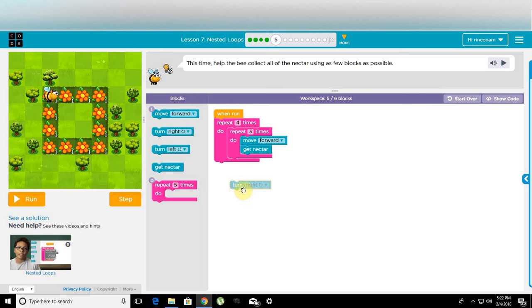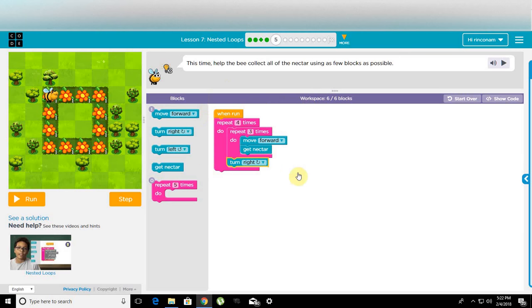One reason I know this turn right goes in the outermost repeat block is because this shape is a square, and since I know squares have 4 sides, and I can clearly see it right here, I know that I'm going to need to turn right 4 times.